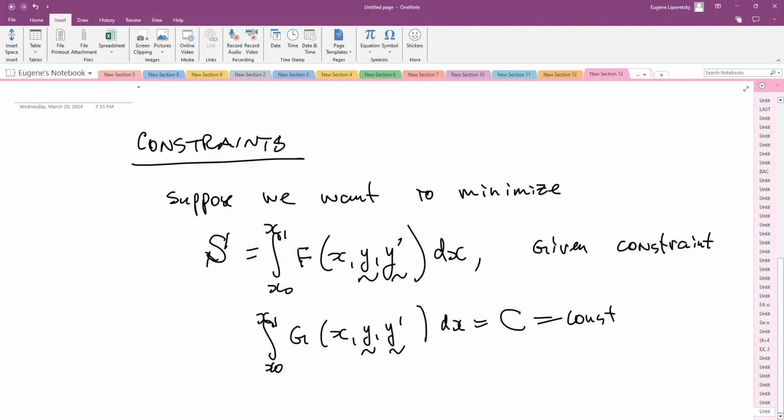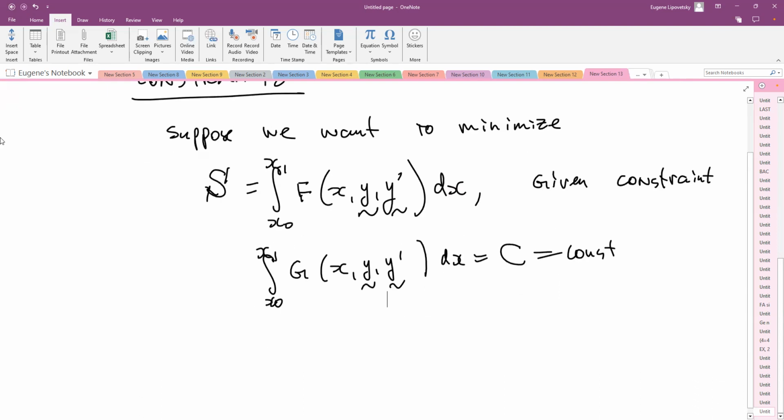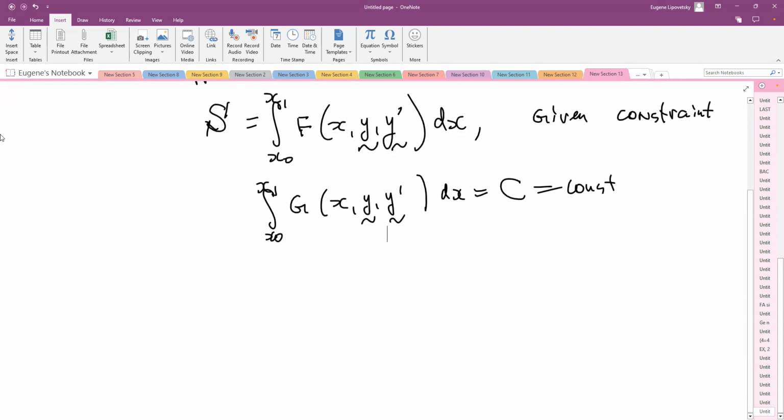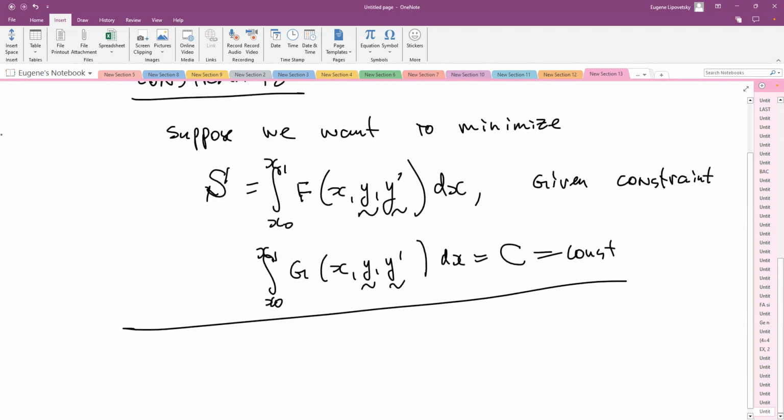They're all functions of x, all right? Then we try to minimize this given this constraint.